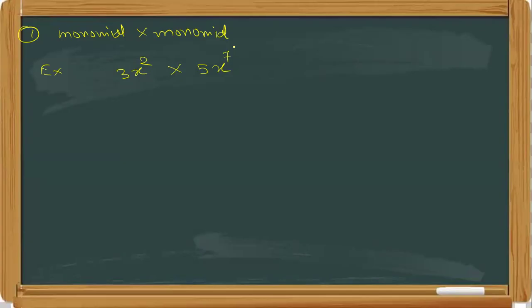It is not necessary that the degree of each monomial must be the same. Also, let me tell you one more thing. In the second example, the first monomial we are taking is root 3 x cube and the next monomial is 5y square.